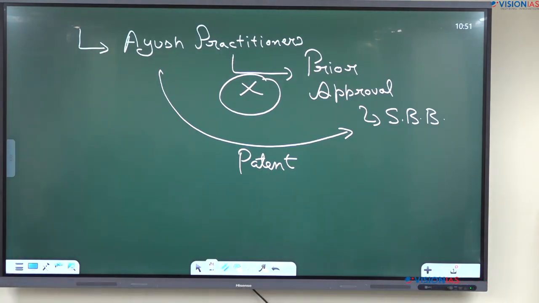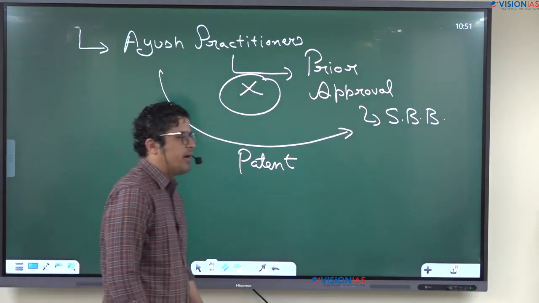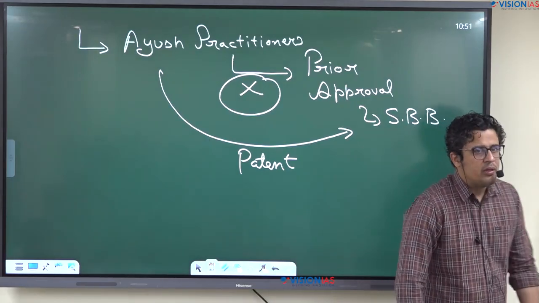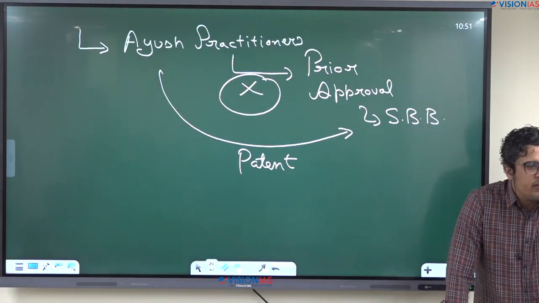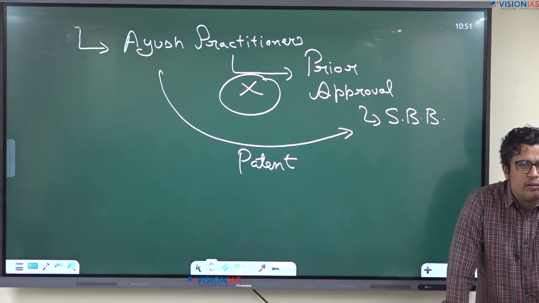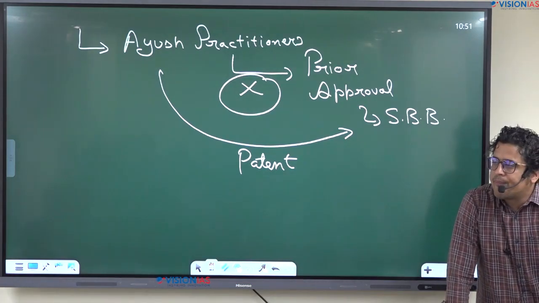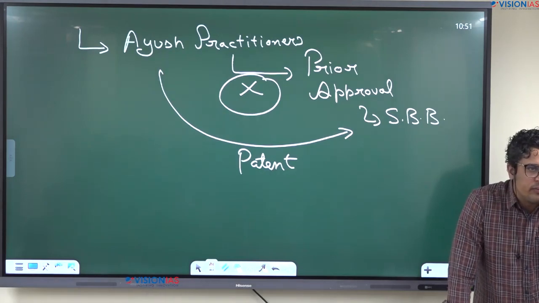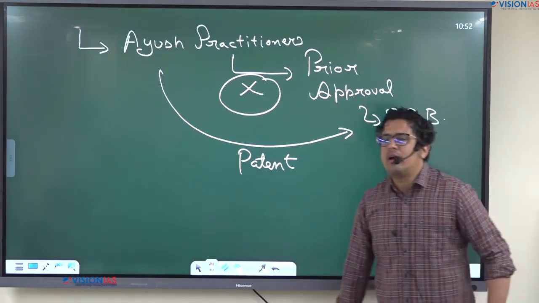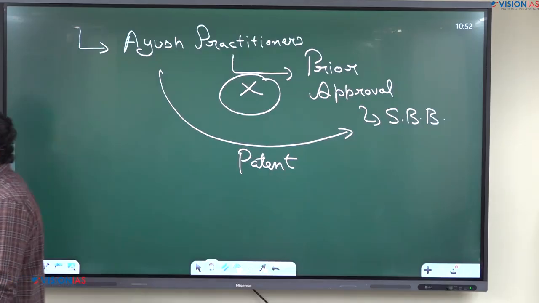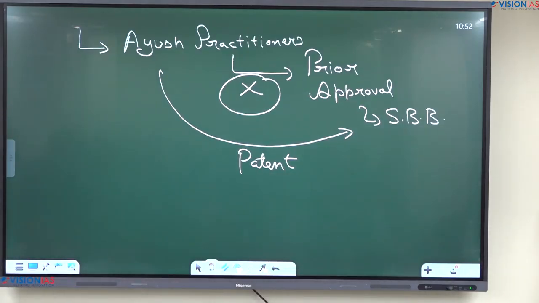But now Ayush practitioners need to inform the state biodiversity board only after receiving the patent for their prescription.